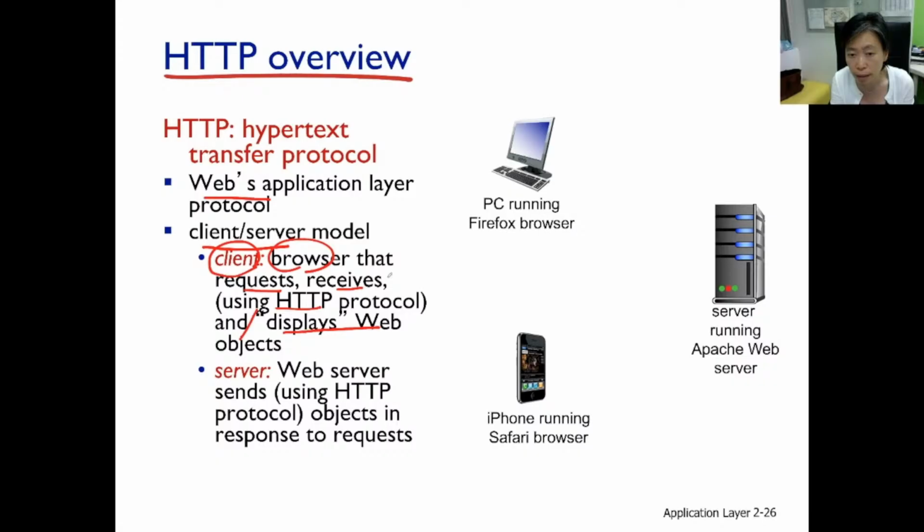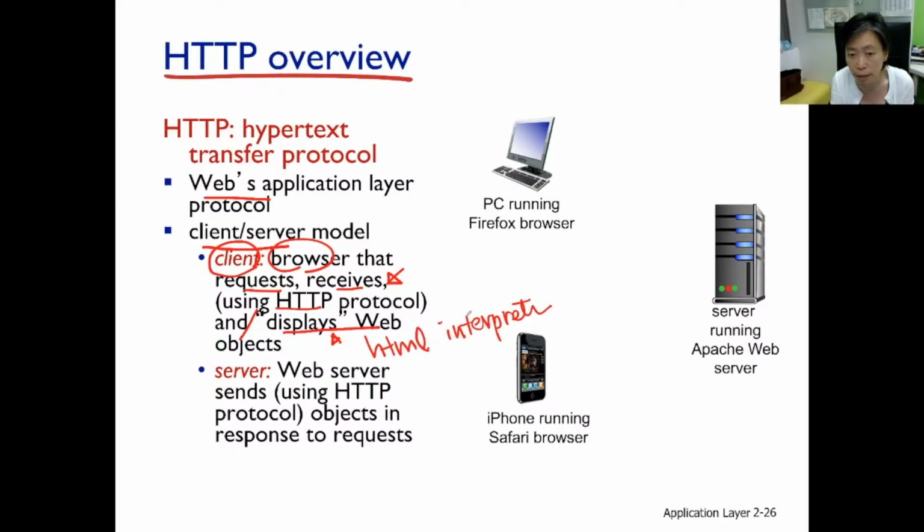Just to clarify, passing of these messages and web object is the HTTP protocol's job, but displaying web object is actually something else's job. It's the HTML interpreter's job. Yeah, so HTML interpreter is not quite the HTTP protocol.